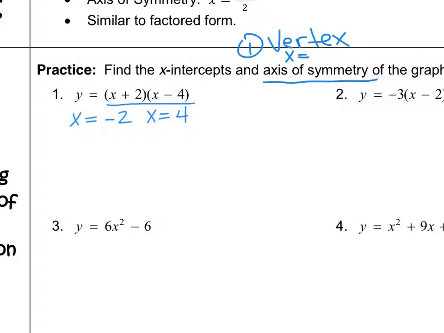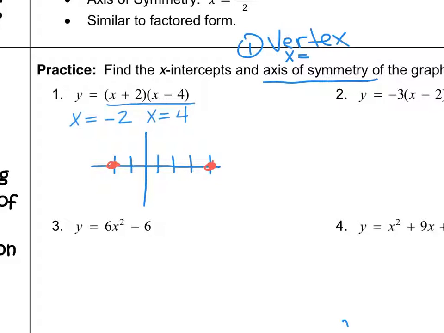So if we look at our graph, I'm just going to sketch a sad little graph here for you to look at. We've got -2 and +4. So our zeros are here at -2 and at +4. Now if you think about the function of an axis of symmetry, it has to be exactly in between these 2 points. It has to cut it symmetrically.